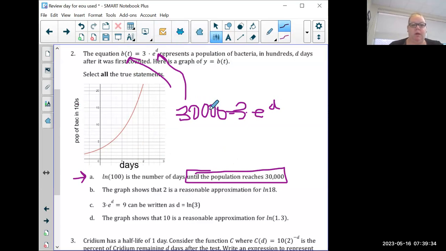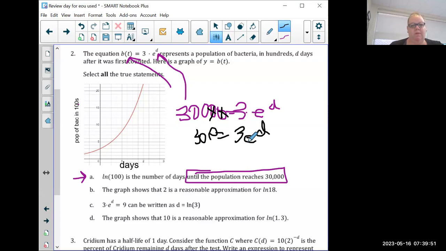I want to get rid of these 2 zeros. So it's actually 300 equals 3 E to the D.